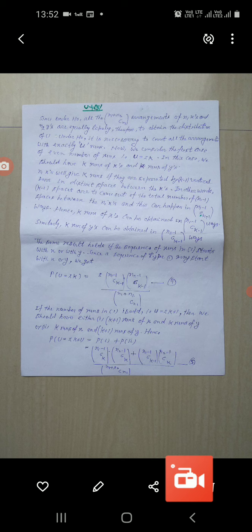Okay, this is simple. Hence k runs of x's can be obtained in (n1 minus 1) C (k minus 1) ways, and similarly k runs of y's can be obtained in (n2 minus 1) C (k minus 1) ways.